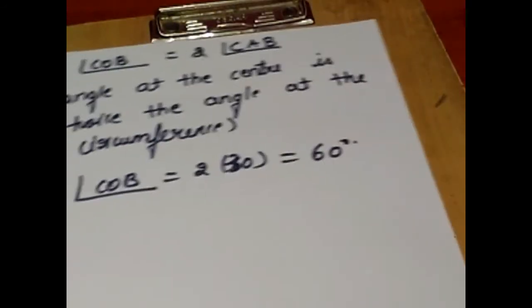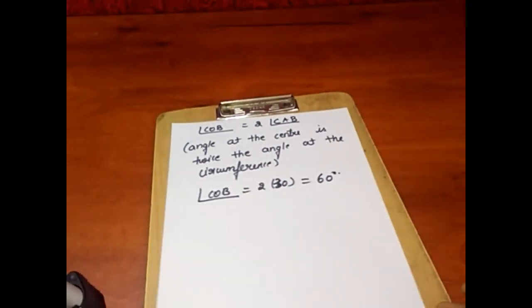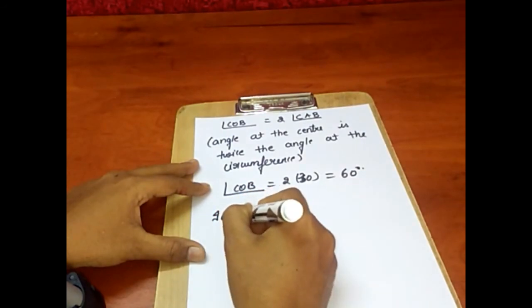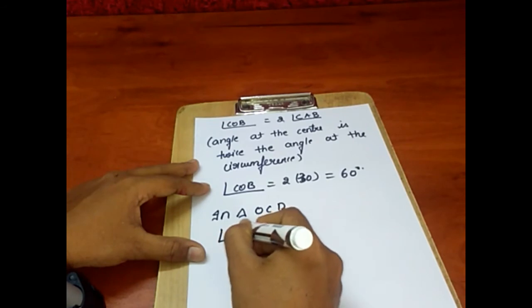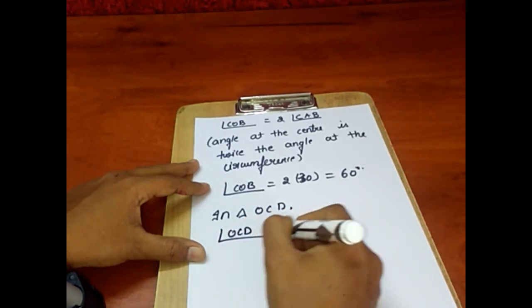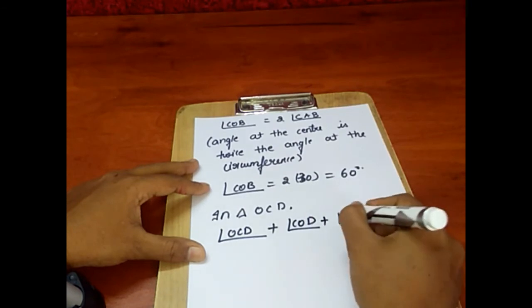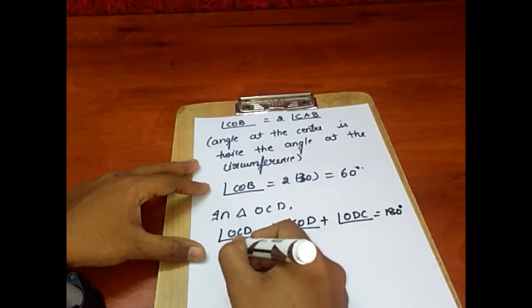Consider triangle OCD, angle OCD plus angle COD plus angle ODC is equal to 180 degree.